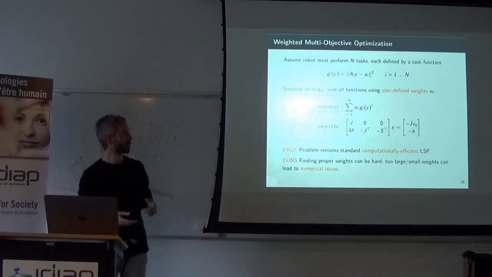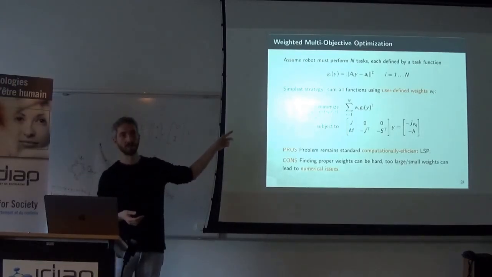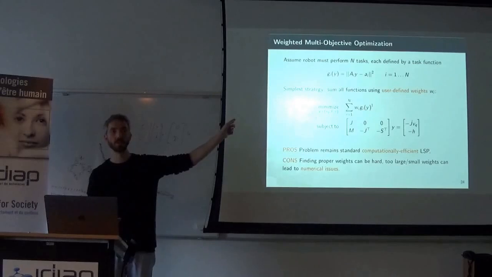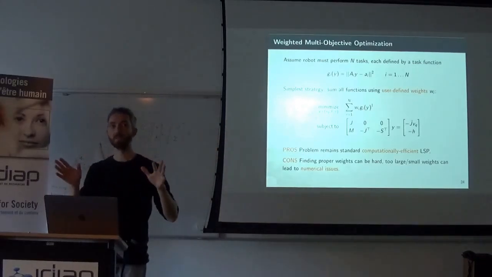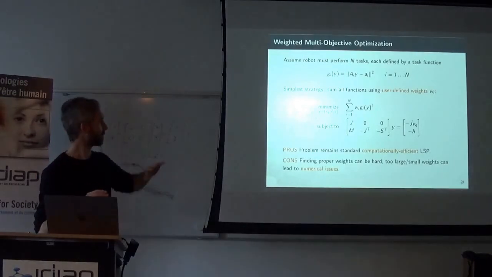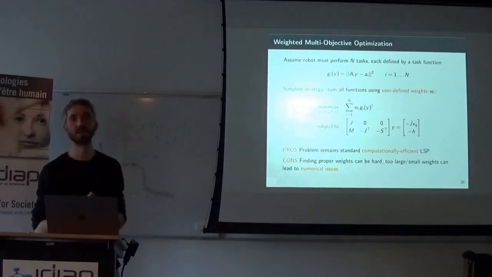And this can lead to numerical issues because you may end up with a cost function that is ill-conditioned. It's a bit technical, but just keep in mind weights can lead to numerical issues.